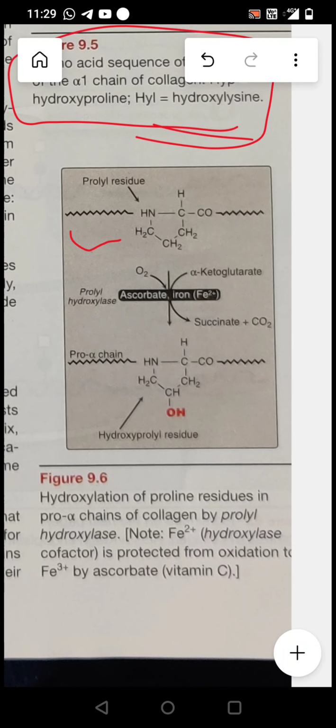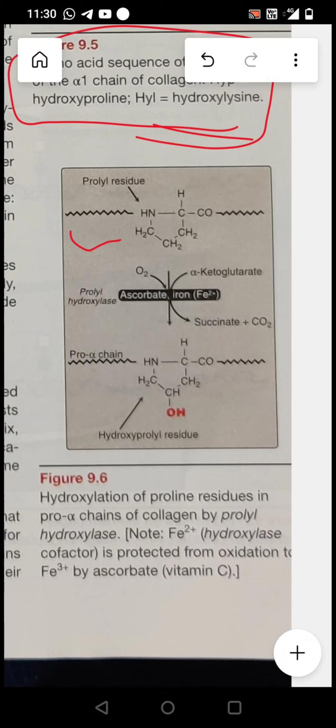Where does the role of vitamin C play? Vitamin C deficiency leads to scurvy, bleeding gums. You all read that in 12th. So in the presence of vitamin C, hydroxylase is an enzyme that is protected from oxidation to Fe3 plus by vitamin C.